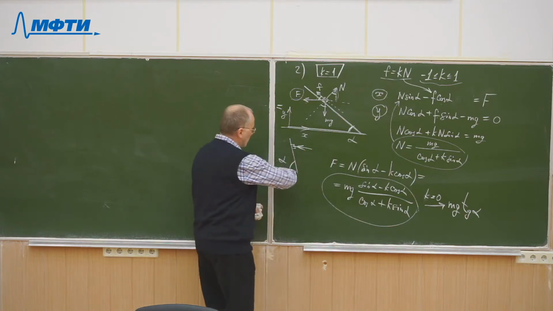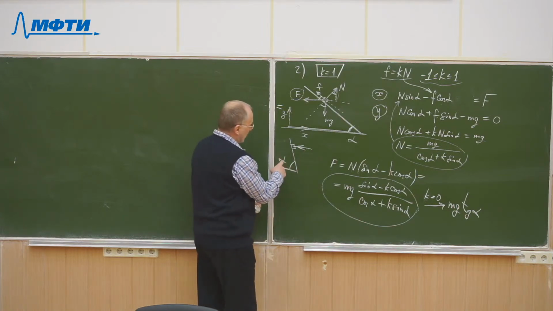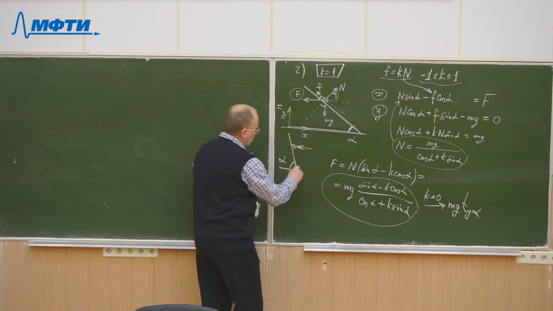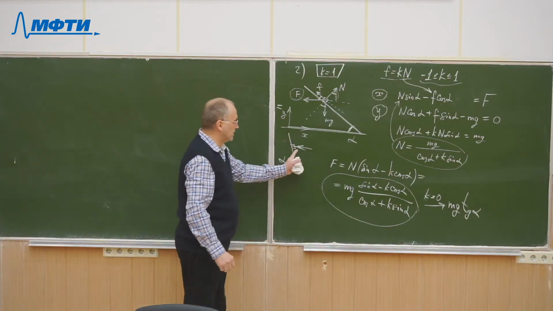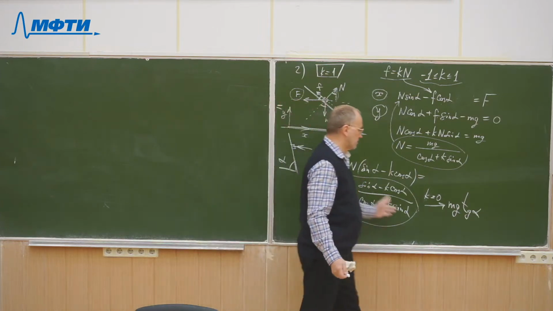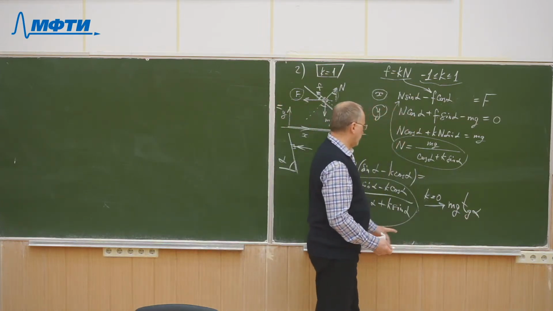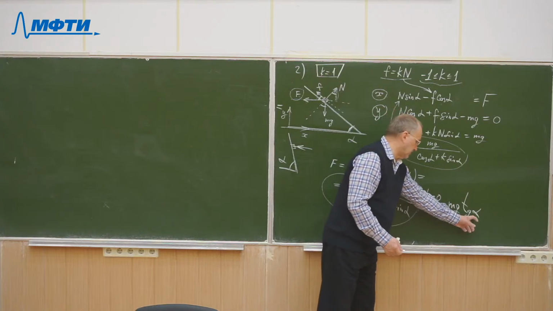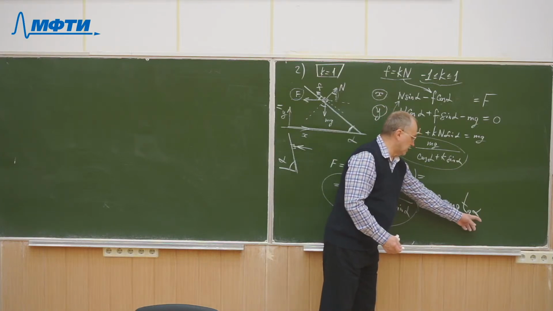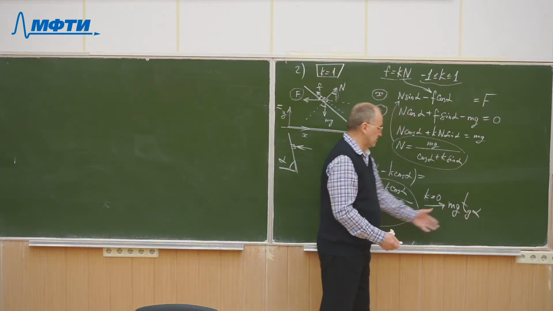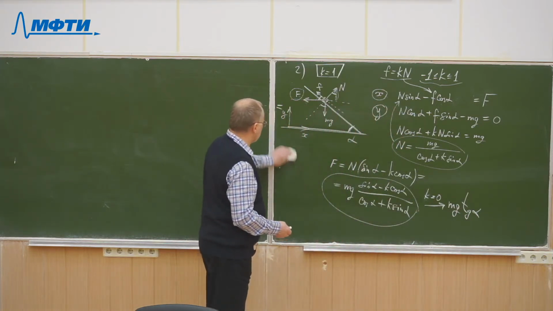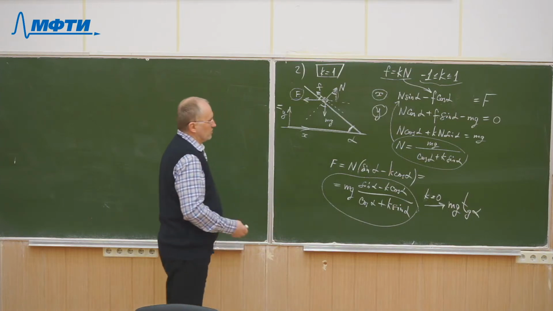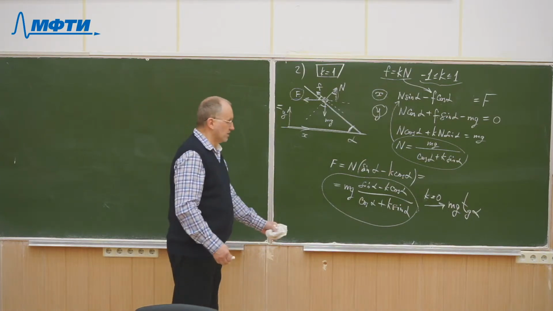And finally, when this slope tends to vertical, then the force exerted here should tend to infinity. And that's quite obvious from this expression. If alpha is 90 degrees, then tangent alpha tends to infinity, and the force will be infinite. That's all physically reasonable.